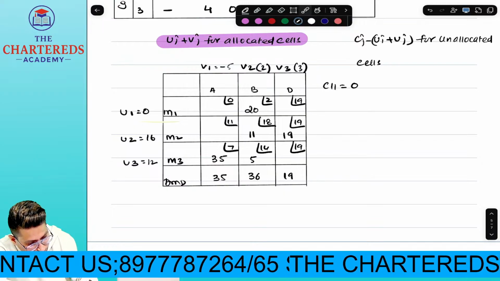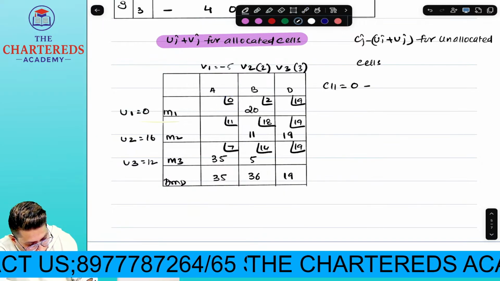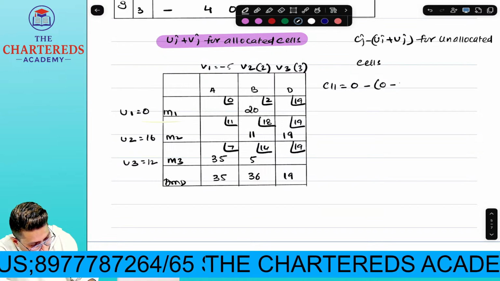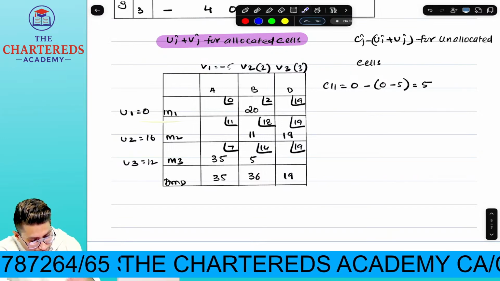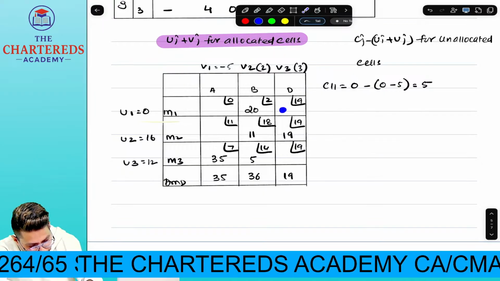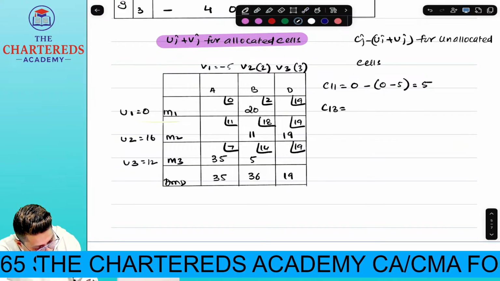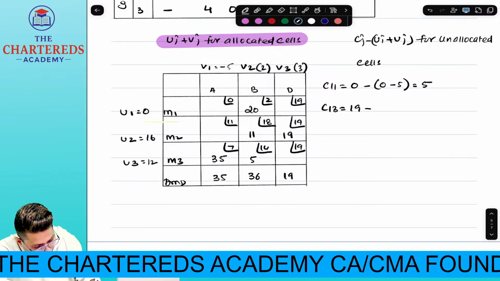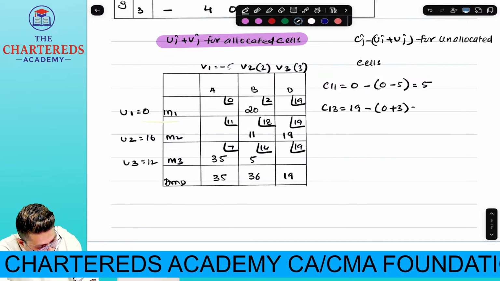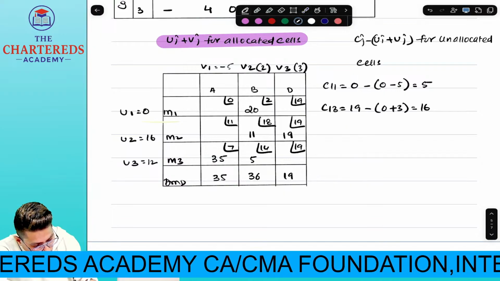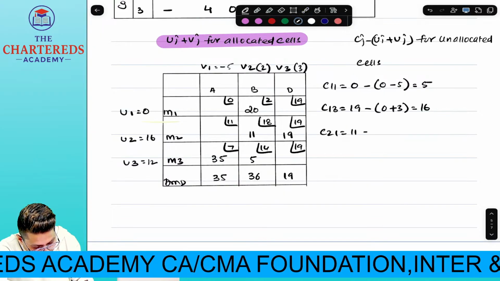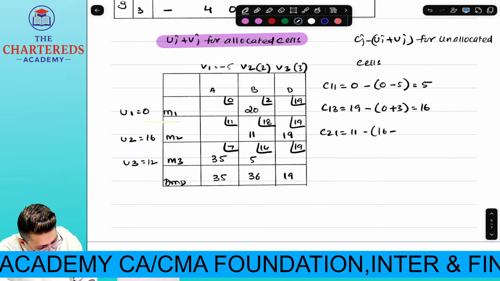C11 is equal to 0 minus (0 minus 5). It will be 5. Next. Here it will be C13 is equal to 19 minus (0 plus 3), 16. Here it will be C21 is equal to 11 minus (16 minus 5).